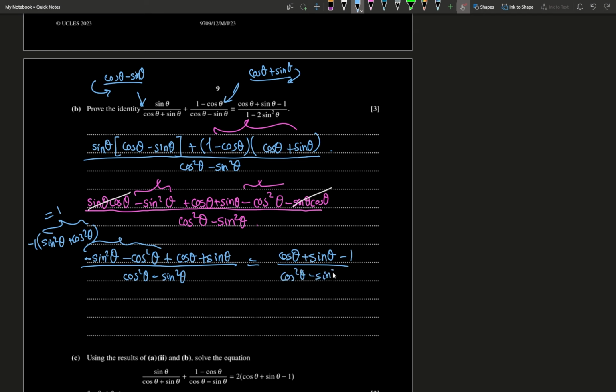ولكن هتلاحظ ان احنا لسه الفراكشن بتاعنا مش نفس اللي احنا عاوزين نعمله في question. فهنضطر ان احنا we want to get rid of cosine squared.